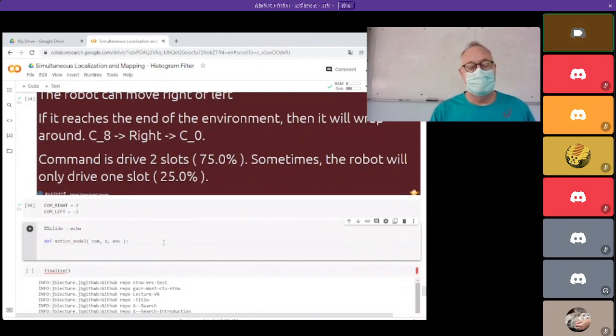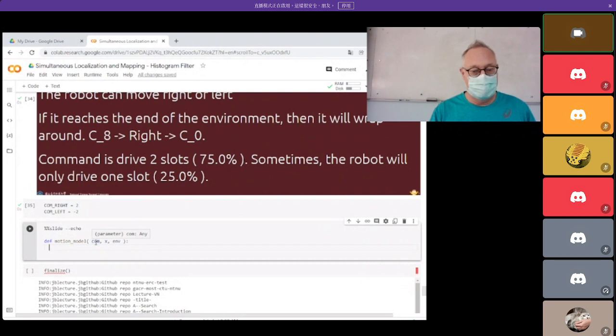Okay, and what should be the output of our motion model? What do we have to return? Yes, how far we actually moved, right?